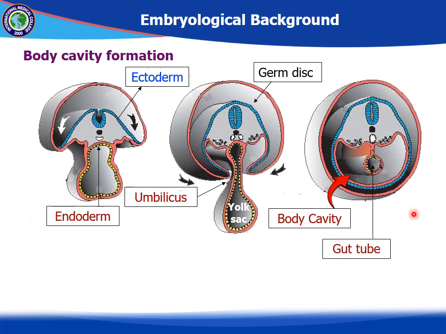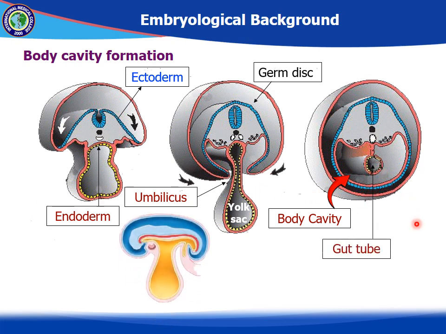So this is the gut tube you can see, and in transverse section you can see the yolk sac is connected with the gut tube, and below this level it looks like this one cavity, and at this level you can see this is the connection through this umbilicus.